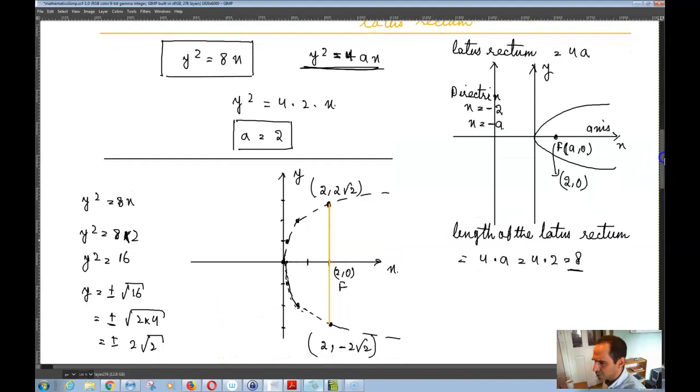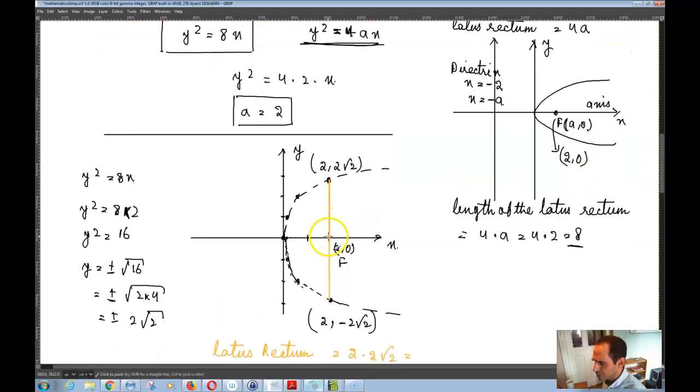y squared is equal to 8x at x is equal to 2. 8 times 2 is equal to 16. y squared, oh, yes, I have made a mistake over here actually. So that is y squared equal to 16, which is actually y is equal to plus or minus 4.